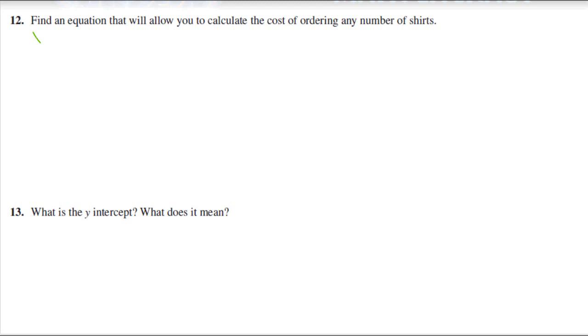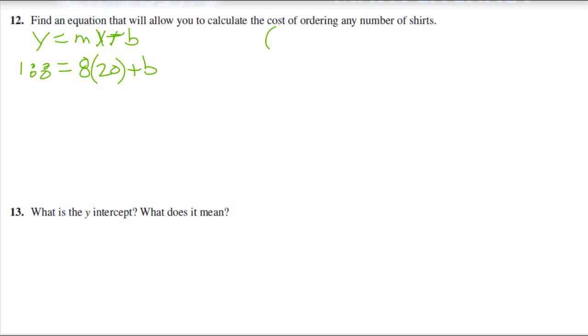We have our slope, y equals mx plus b is our standard form. What we can do at this point is plug in a y and our slope. Okay.